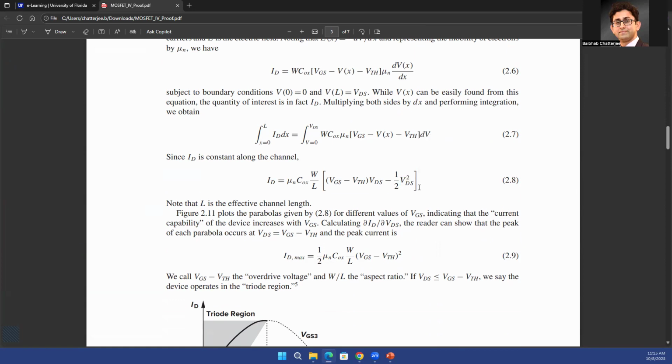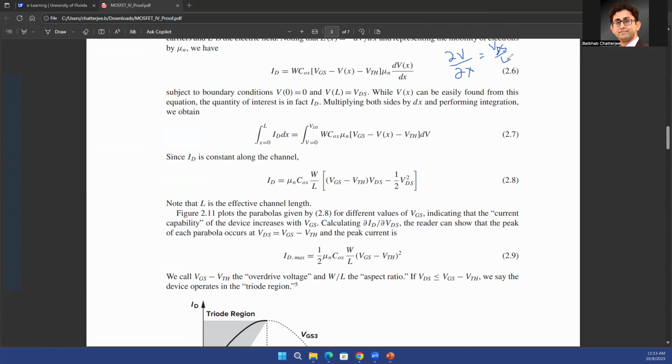So now this was the difference. In the slides, what we assumed, let me write this down, is dV dx is equal to VDS over L. That the voltage difference between drain and source is VDS, and the distance between the drain and source is L. Now, only if VDS is very small and length is very small, you can approximate dV dx as VDS over L. Right?